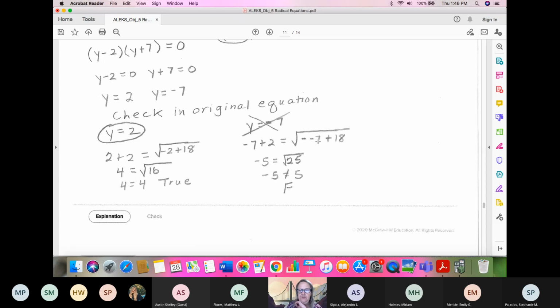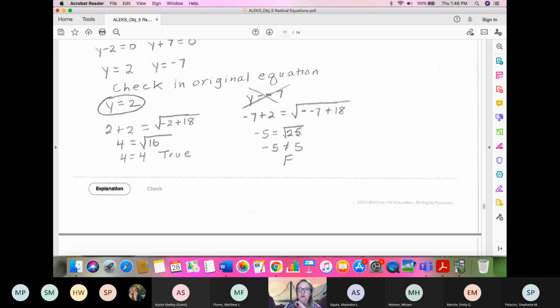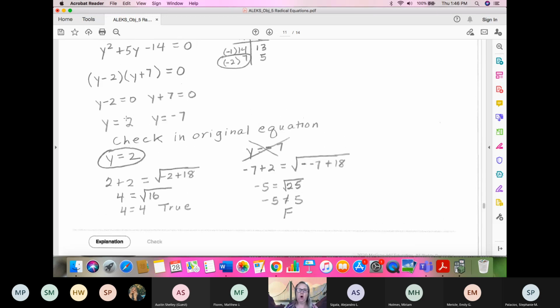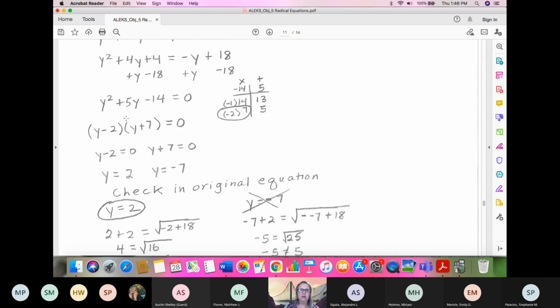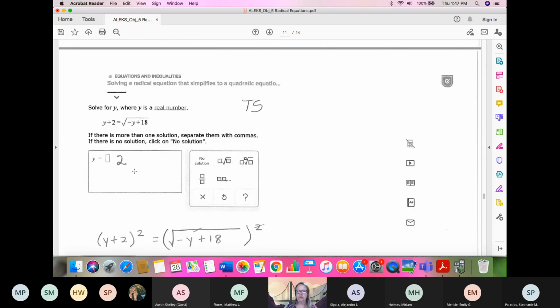This is negative times a negative, which is 7 plus 18, which is 25 inside. Square root of 25 is 5. Negative 5 does not equal 5, so this is false. So our only solution here is y equals 2. So only one solution here.